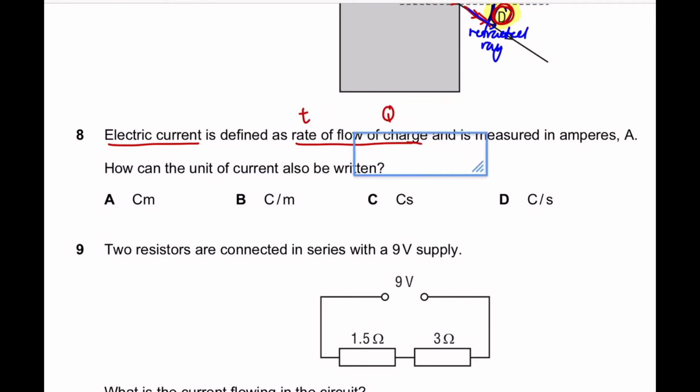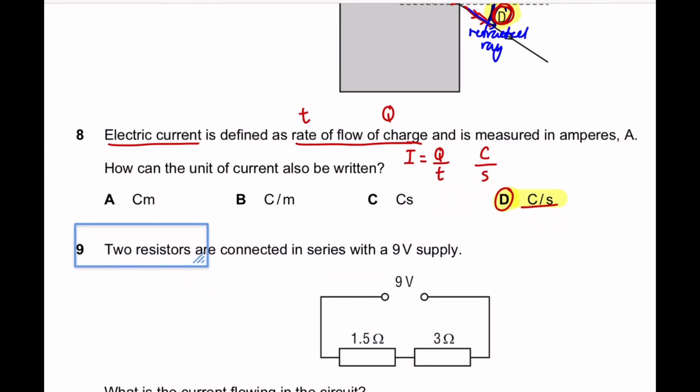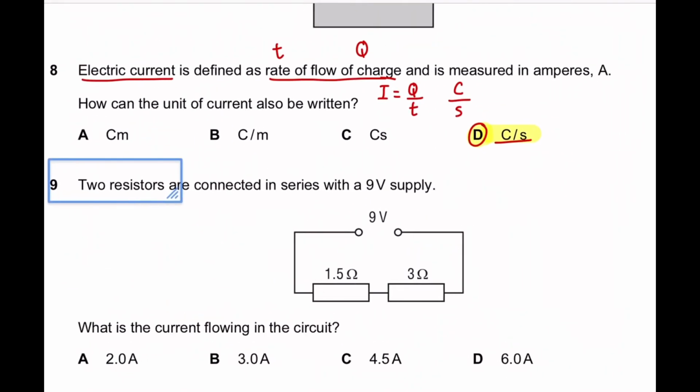Or if you memorize the formula, I equals Q divided by T, where the unit of Q is coulomb, and the unit of T is seconds. So we just match between all these 4 options, which leads you to D, coulomb per second. Alright, on to the next question. Question 9.